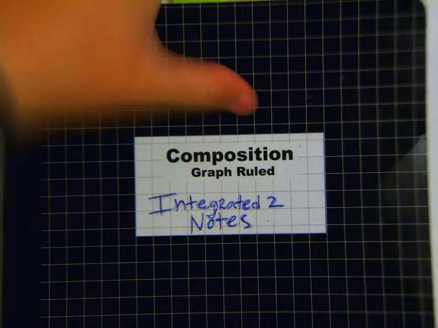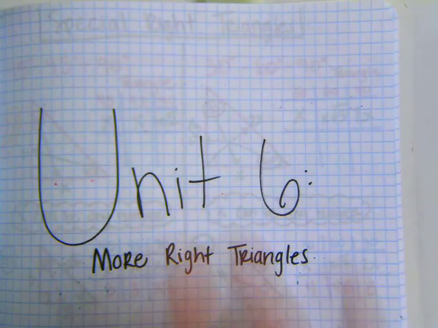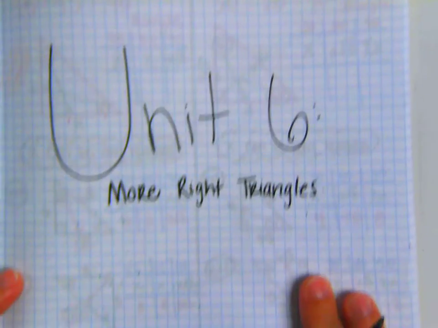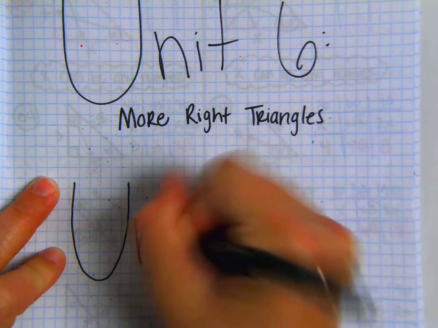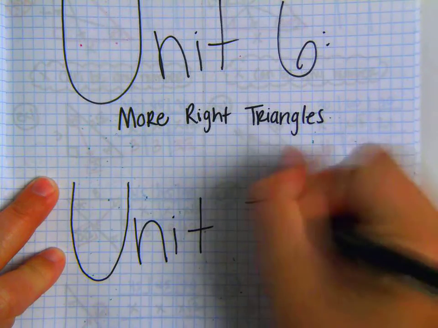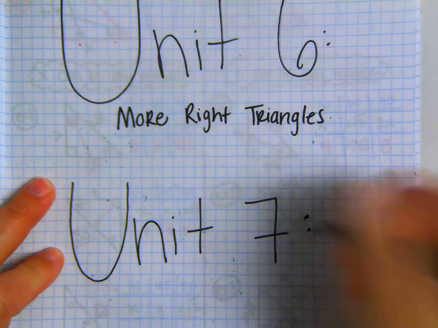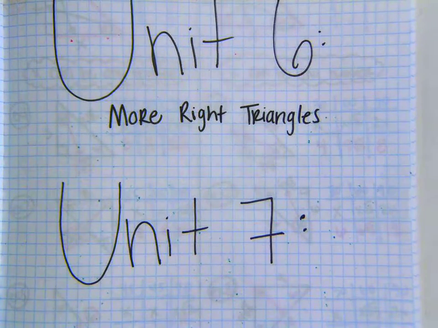Welcome back. Tonight's notes are on properties of quadrilaterals again, but I forgot to put in that this is Unit 7. So on the same page that you have Unit 6, let's just put Unit 7, because Unit 6 was so small that we can add in Unit 7 as well into the same section as Unit 6.